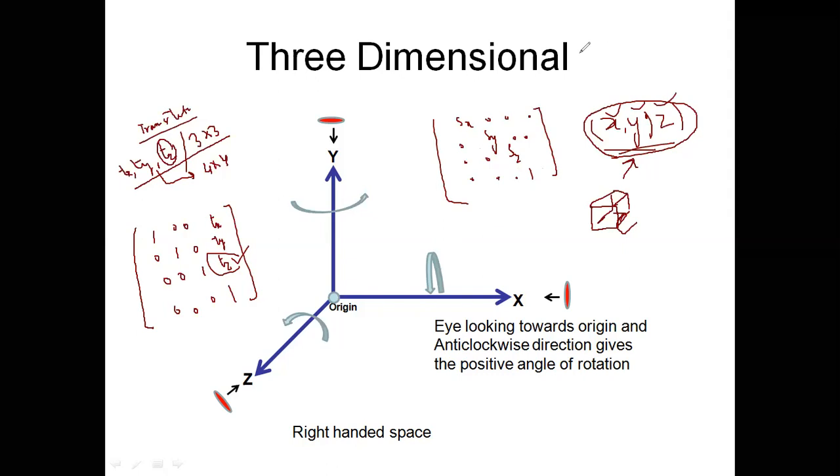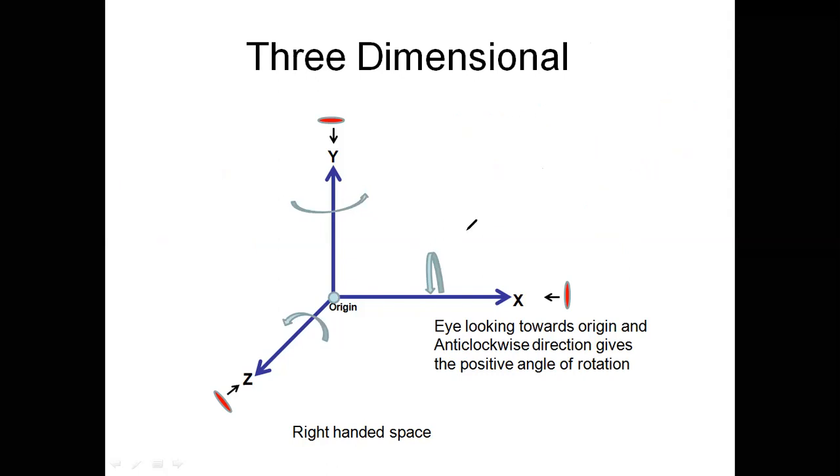The problem arises with rotation, particularly because earlier we used to rotate in one plane, that is x to y. Now we have come across the third axis, that is z. Now the rotation can take place along the x-axis, y-axis, and z-axis.